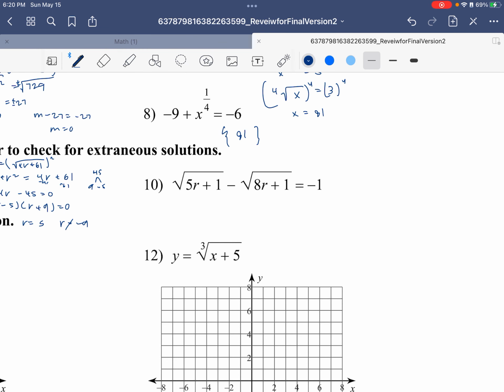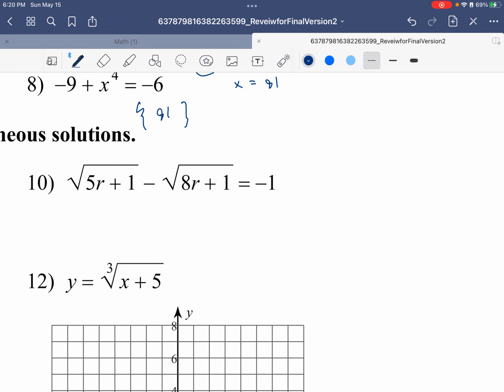This one is like the same thing. So let's do it. I'm gonna move 1 to the right, or 1 to the left. I'm gonna move it over here, and I'm gonna move this over here, just to make things simple, so that's positive. So now we have 5r, wait, hold on. Let me not skip steps.